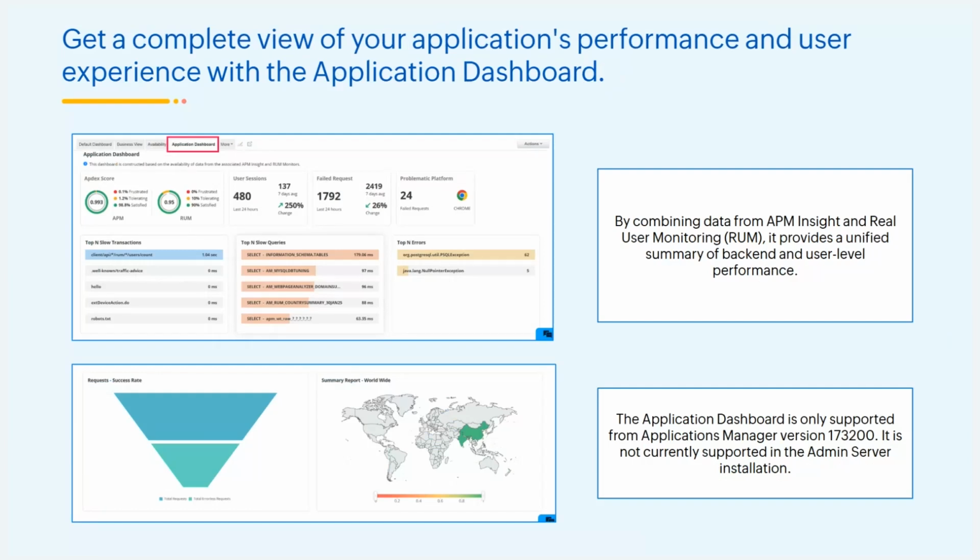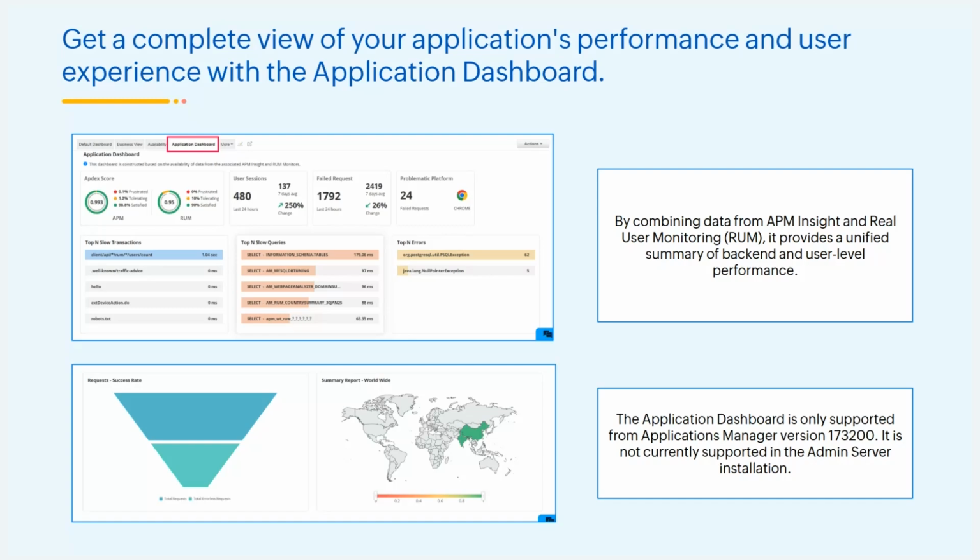Also, we have the application dashboard in Applications Manager that provides a comprehensive view of application performance and user experience by combining the data from APM Insight and real user monitoring. This integration allows for a unified summary of both backend and user-level performance, helping IT teams monitor key metrics such as APDEX score, user sessions, failed requests, slow transactions, and error reports as well.